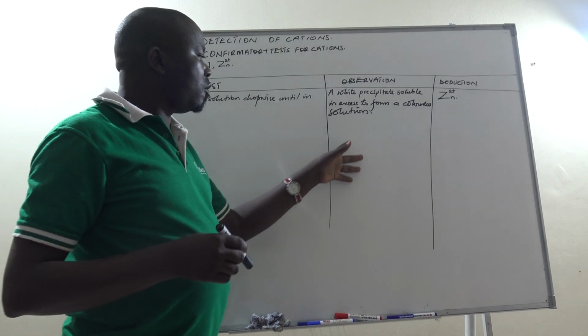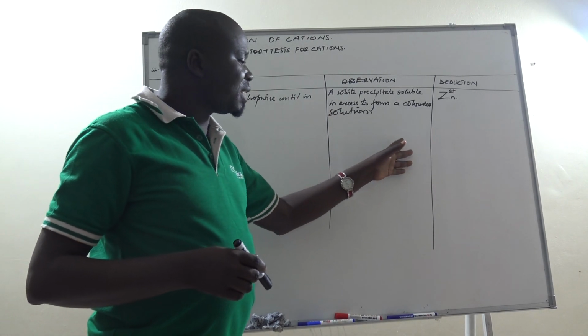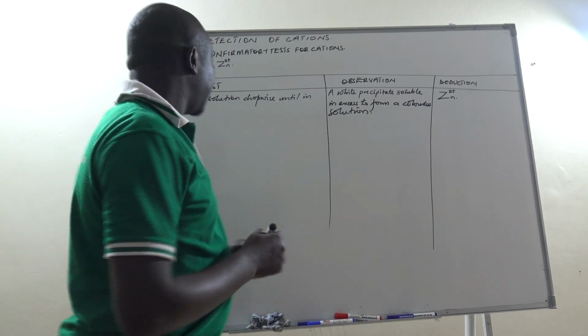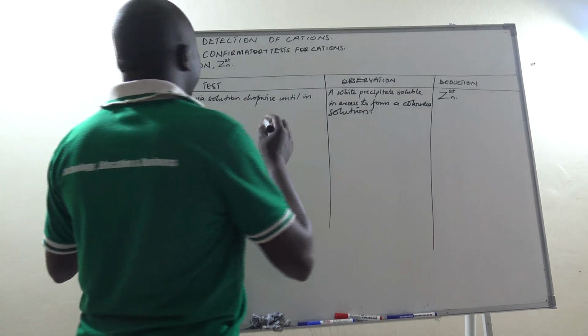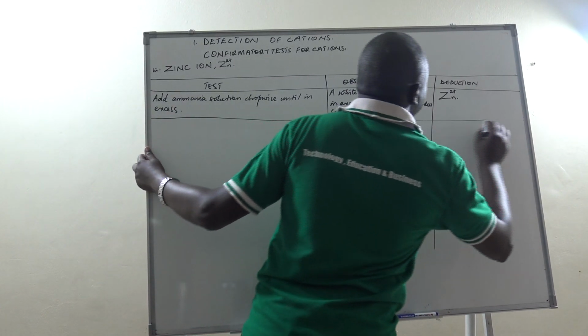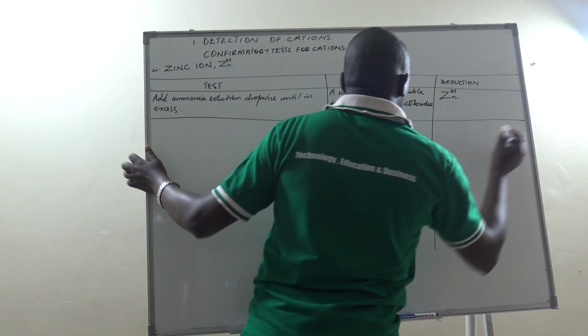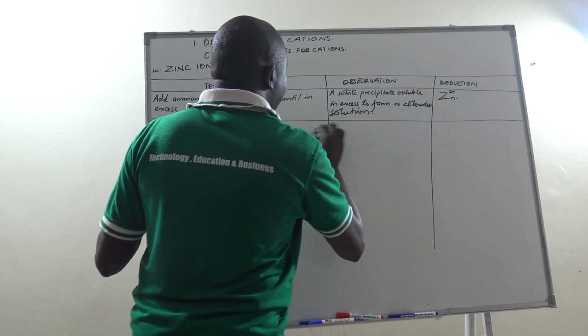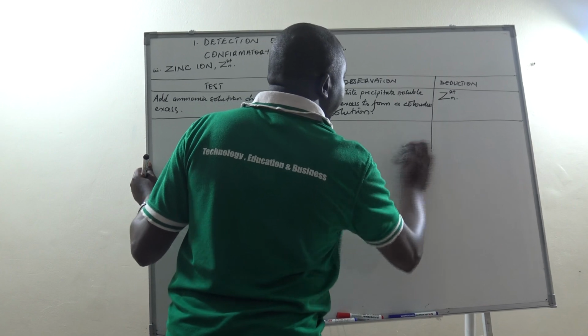And in that colorless solution, we saw the complex ion and also wrote the reaction equation earlier on. So this is how we can confirm zinc ion. It is a confirmatory test for zinc ion in solution. Mark you, these ones are for these cations in solution only.